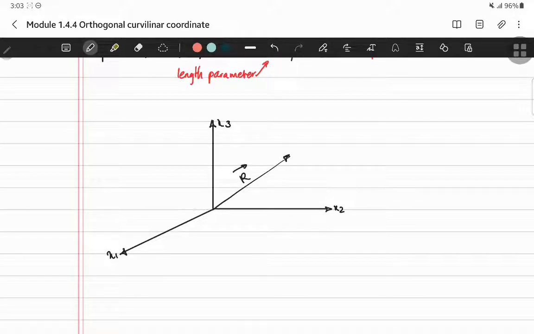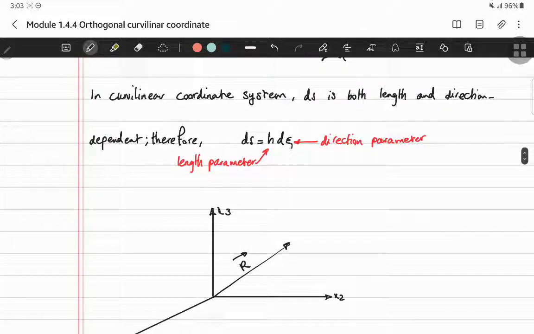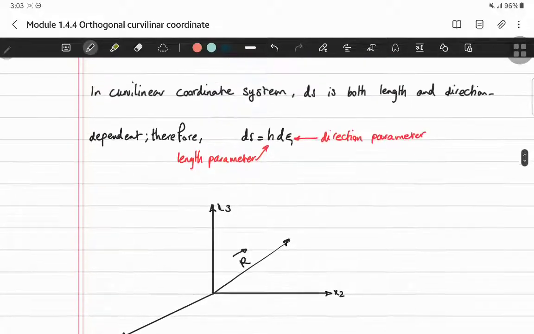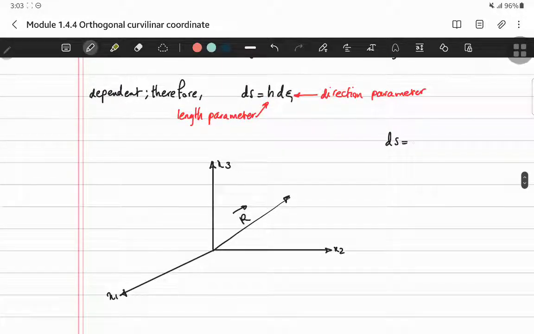And now we're going to define r as being dependent not only on x1, x2, and x3, but also on z1, z2, and z3. So instead of writing, for example, ds is equal to 1 dx1, ds is equal to 1 dx2, ds is equal to 1 dx3, I'm going to change this to zeta 3, zeta 2, and then zeta 1.